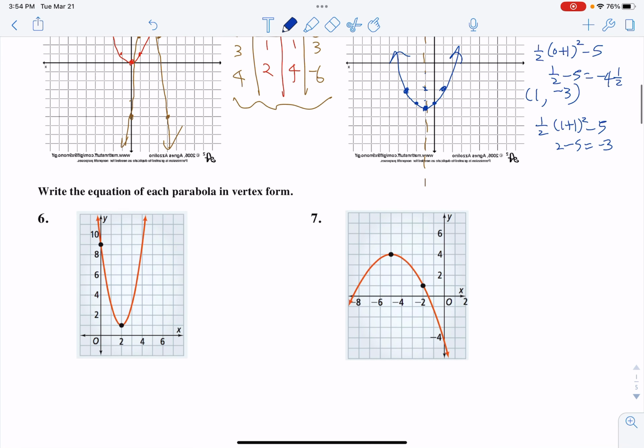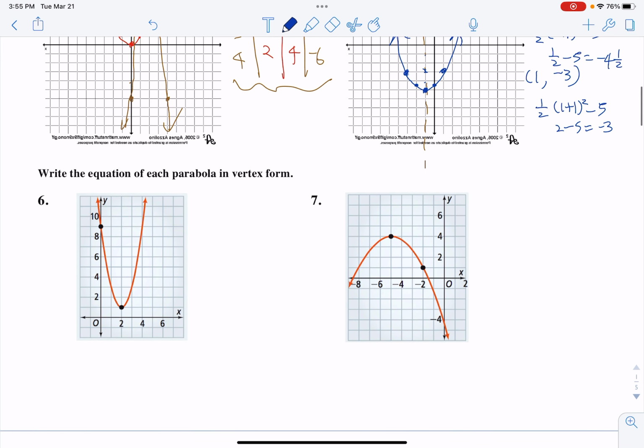And from the graph, if you need to find the vertex form, I need to find the vertex first. The vertex is (2, 1), and then one point given is (0, 9). I will start from the vertex form y = a(x - h)^2 + k. So y = a(x - 2)^2 + 1, because the vertex is (2, 1).